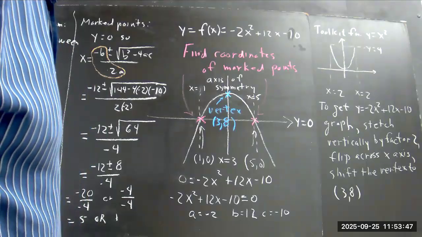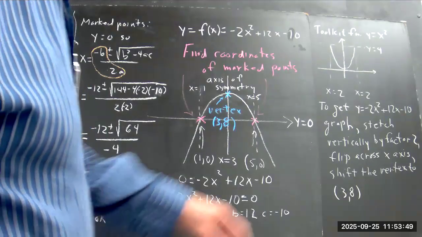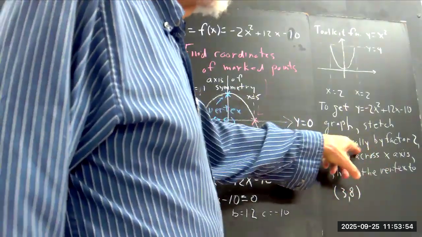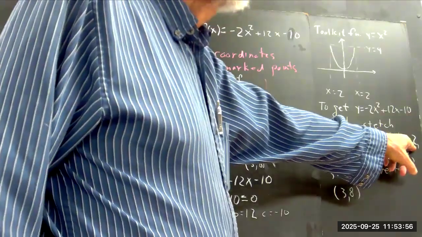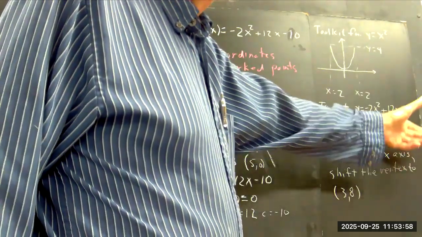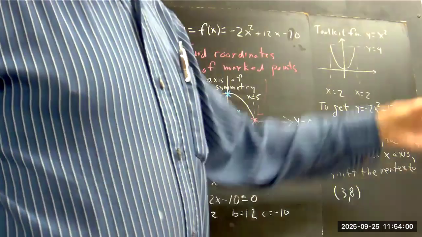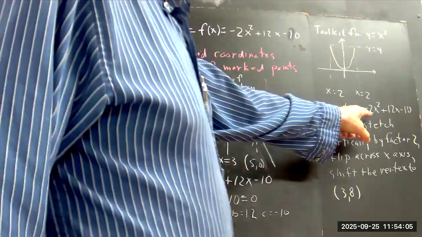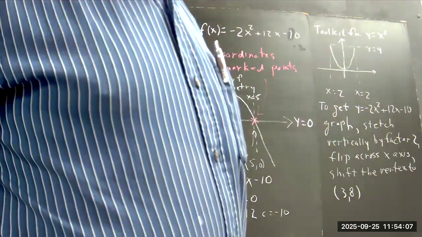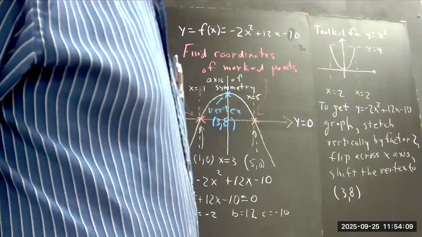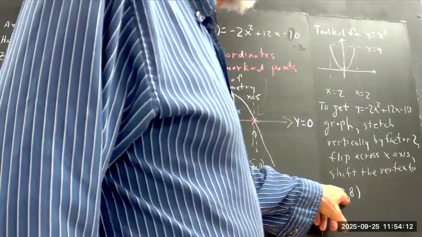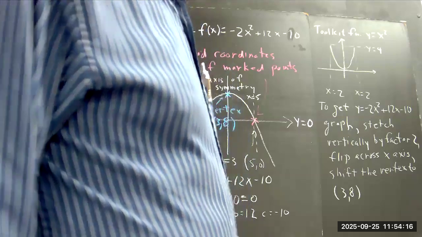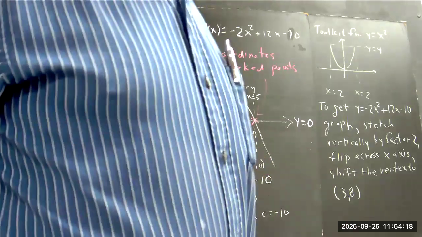Now you can see that. First of all, the -2 is in front of x squared. That's why we know we're going to have to vertically stretch it by a factor of 2. And then flip it because it's a negative, reflected across the x-axis. Okay? That comes from the -2 in front of the x squared. Then we have to figure out where the vertex is. Okay. And we've seen how to do that in 2 cases.